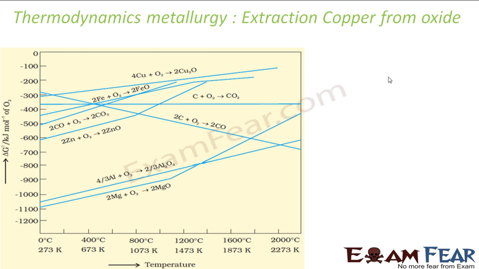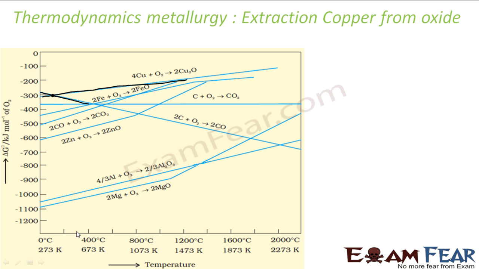Now let's discuss the extraction of copper from oxide. If you see this copper reaction, this is my copper reaction, and the typical reducing agent we use is carbon plus oxygen gives carbon monoxide. If you see that these intersect at this point, that means after this temperature, carbon should be able to reduce Cu2O to copper, and that's a very low temperature.